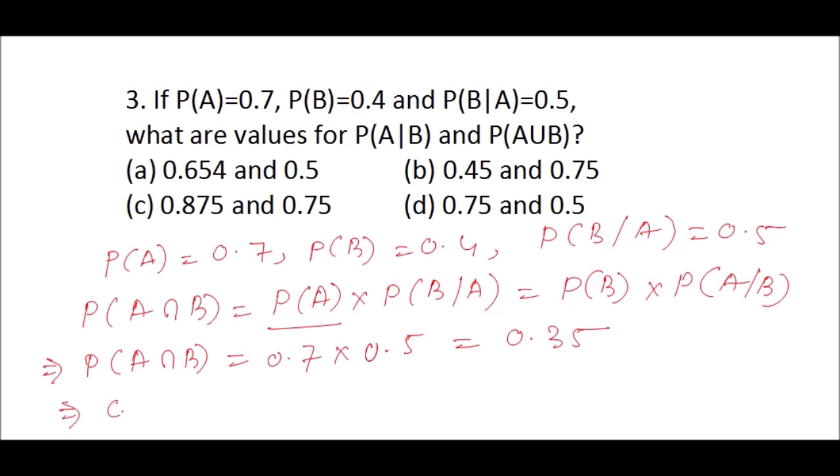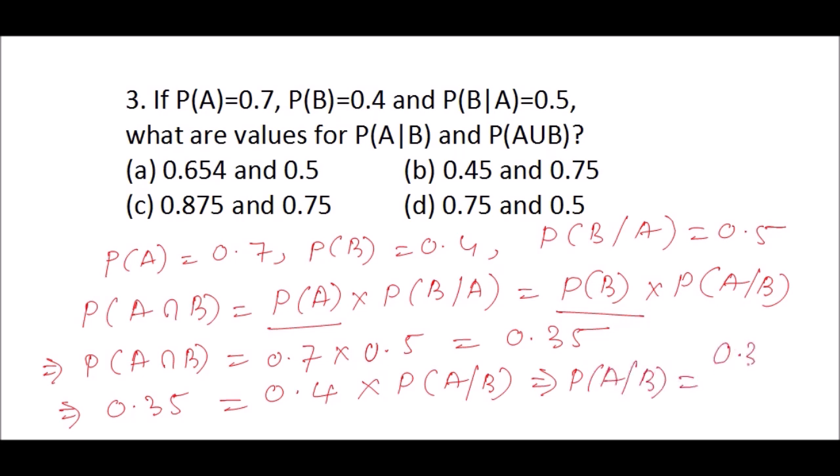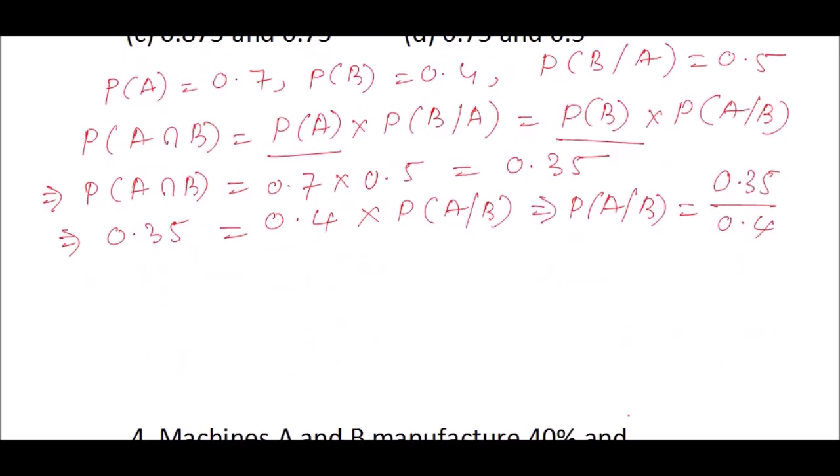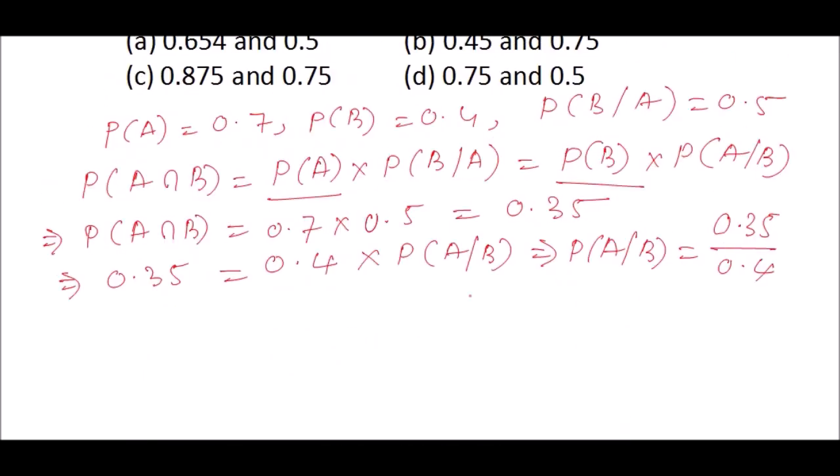Now, substituting this 0.35, and P(B) is given as 0.4, we can find the conditional probability of A, that is 0.35 divided by 0.4, which is equal to 0.875. Therefore, you can see here in option C, 0.875 appears.